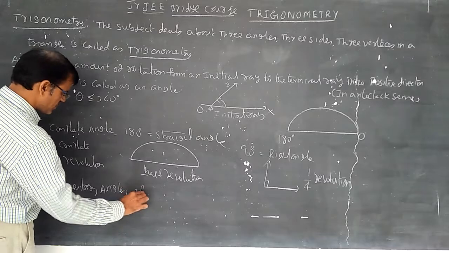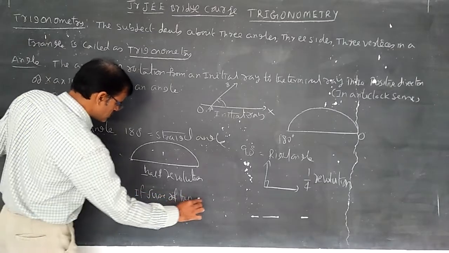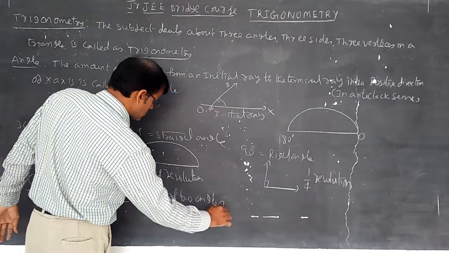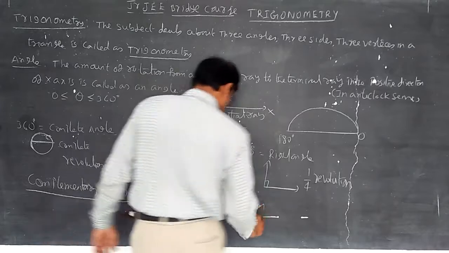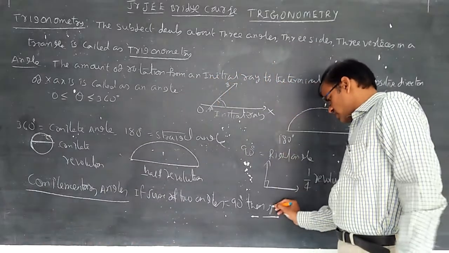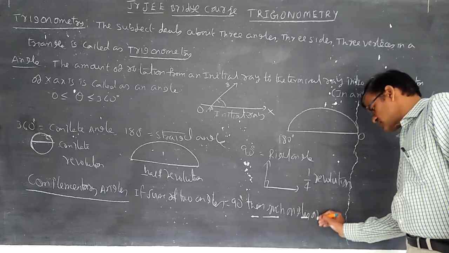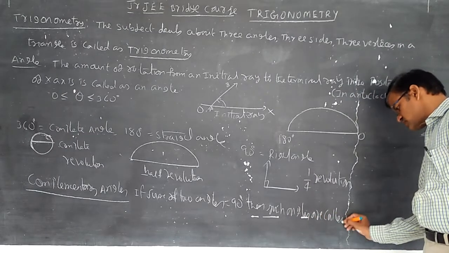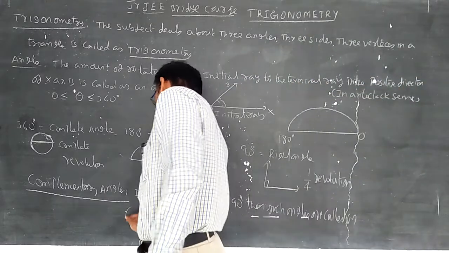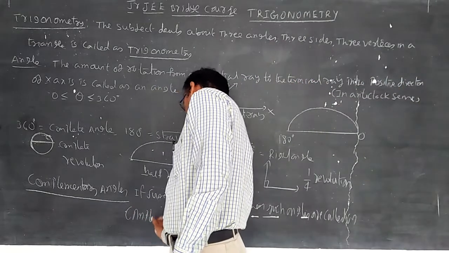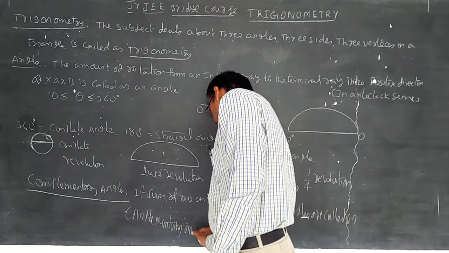Complementary angles: if the sum of two angles is equal to 90 degrees, then such angles are called complementary angles.